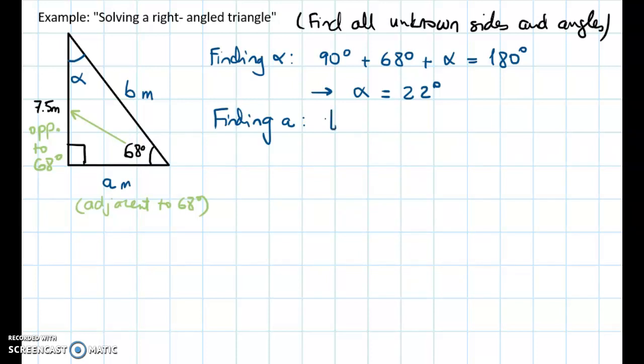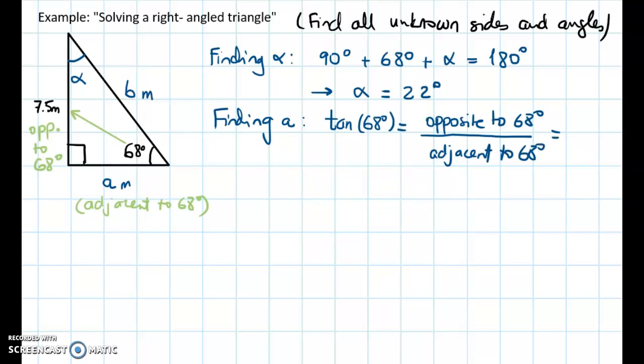By definition, the tangent of the angle of 68 degrees is going to be the same as the ratio between the length of the side opposite to 68 degrees divided by the side adjacent to 68 degrees.